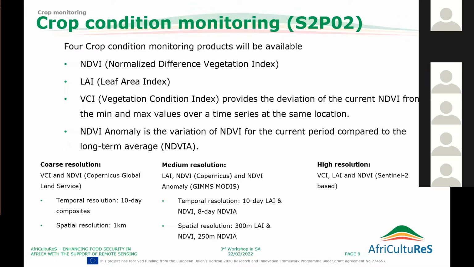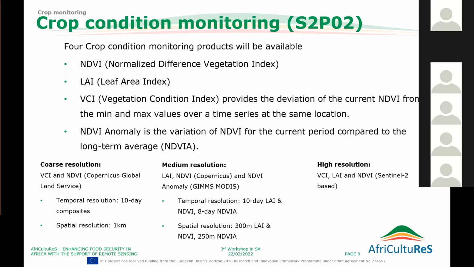First of those is crop condition monitoring, which covers some standard products such as the normalized difference vegetation index and the leaf area index, and then also some more specialized products such as the vegetation condition index, which gives a deviation of how much different the current normalized difference vegetation index in our crop is, as compared to the historical minimum and maximum over many decades before. And the NDVI anomaly, which gives how much the current NDVI deviates from the long-term average, again of a long time series of many years before.